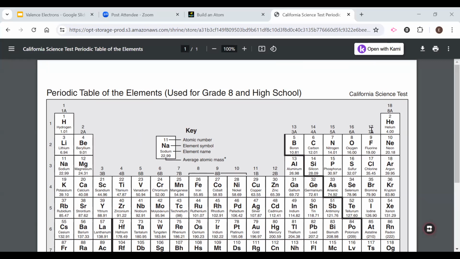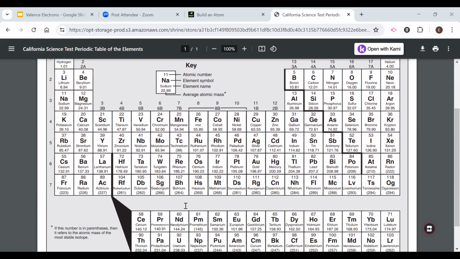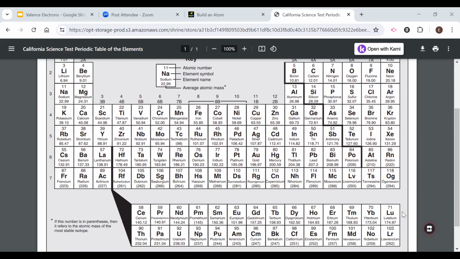And then we know there are halogens, that's group 17. Then we know that there are noble gases. Then we have transition metals. This section is called transition metals. We have lanthanides, which came from this name, actinides, which came from this name.